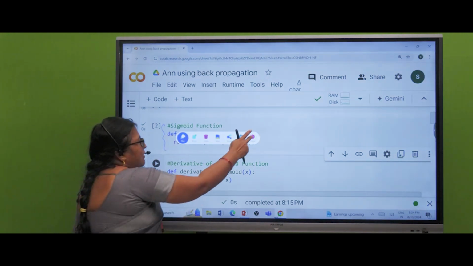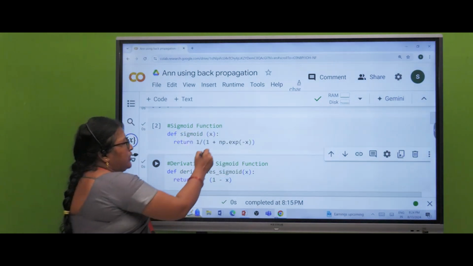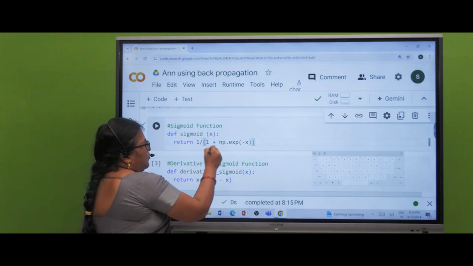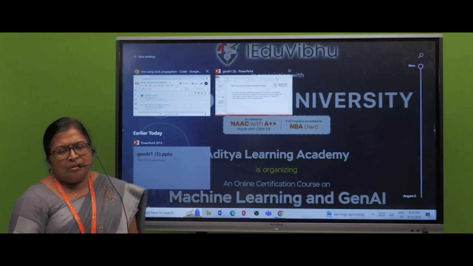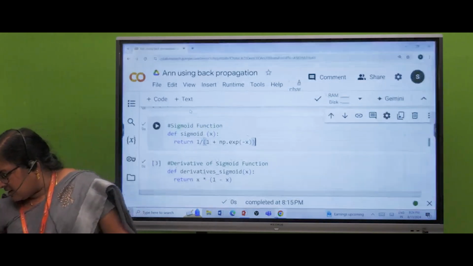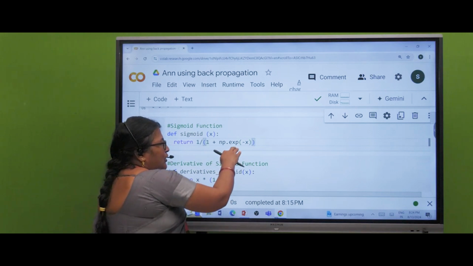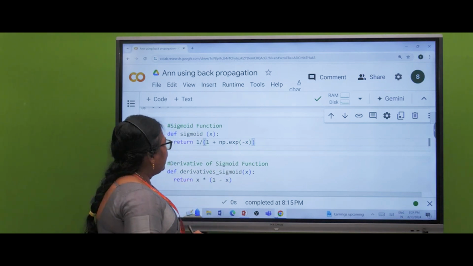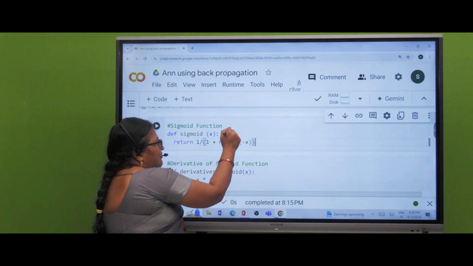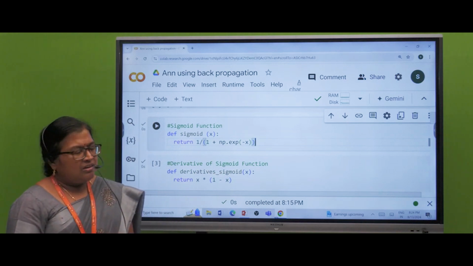I already told you the sigmoid formula, 1 by 1 plus e power minus y, where y equals mx plus c. We are going to apply the same formula and define that sigmoid function.